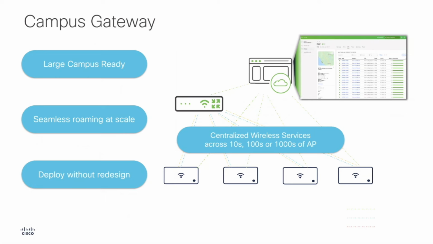We didn't have this large-scale concentrator-style overlaid network solution. We had MXs, we had distributed layer 3 roaming. We had various solutions that met certain needs, but didn't really do what we needed to do. To be short and simple, it's a large campus-ready solution, seamless roaming at scale, and design without redeploy.